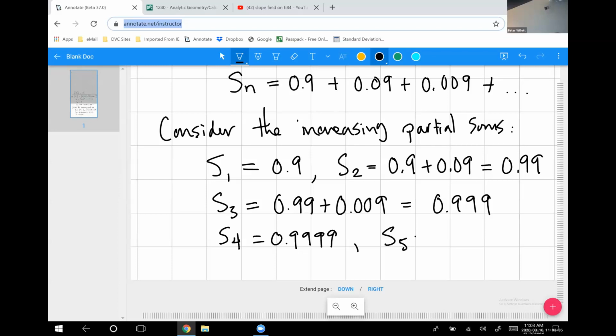S sub 5, we'd have 5 nines. So then the idea is that the value of the series would be the limit of the partial sums.